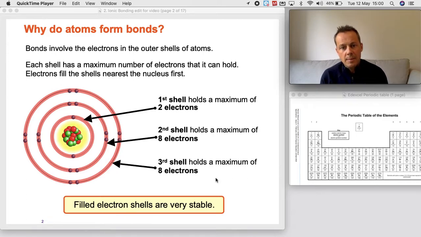This makes the element completely stable and it will not react to form a bond. If there are only 7 electrons in the outer shell, that would make it unstable and that element would do something to form a bond. That's what we'll be looking at in this lesson. The really important thing to remember is it's about the outer electron shell and whether it has a full number of electrons, whether it is complete or not.